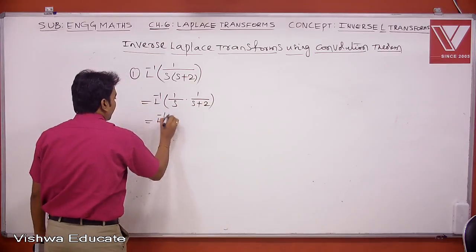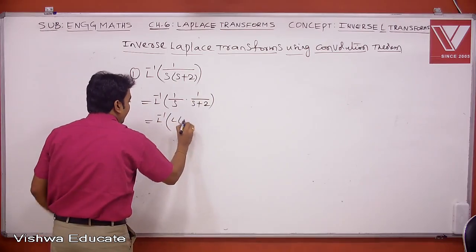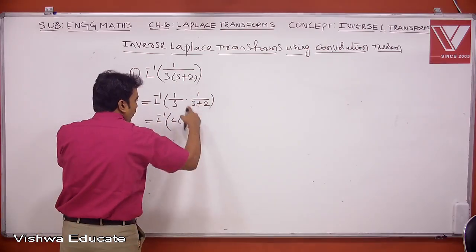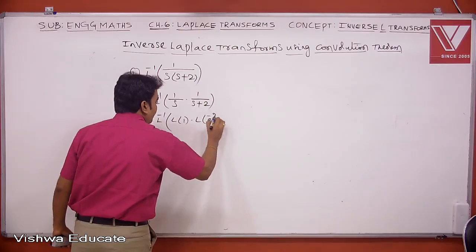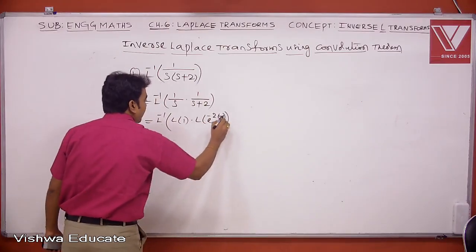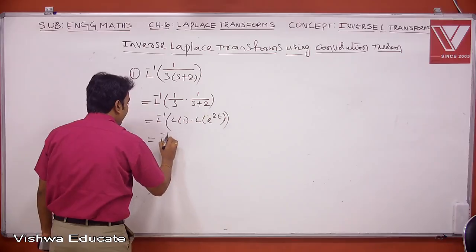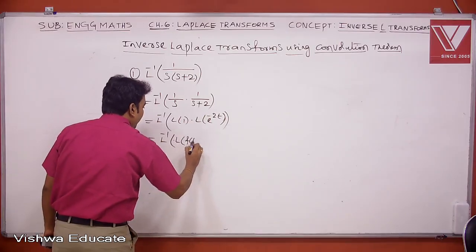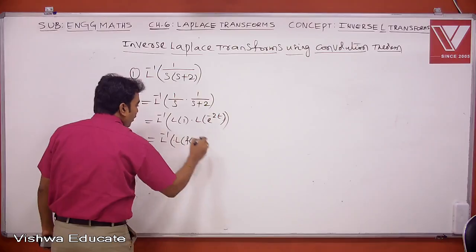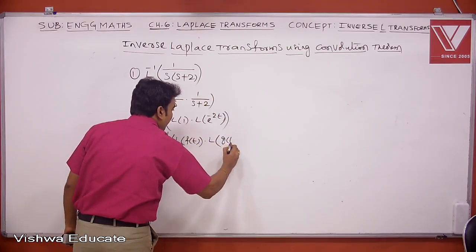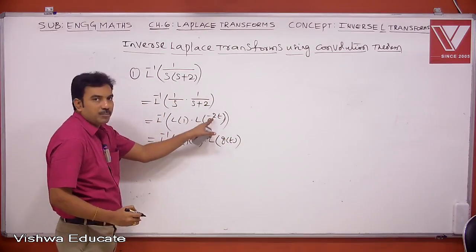This 1 by s I can write as Laplace of 1, and 1 by s plus 2 is nothing but Laplace of e power minus 2t. So this is L inverse of L of f of t, where f of t is a constant function, times L of g of t, where g of t is e power minus 2t.